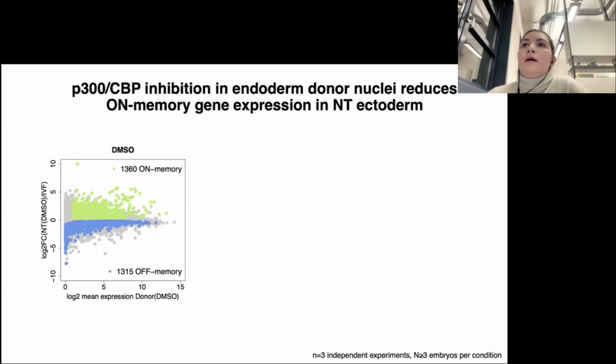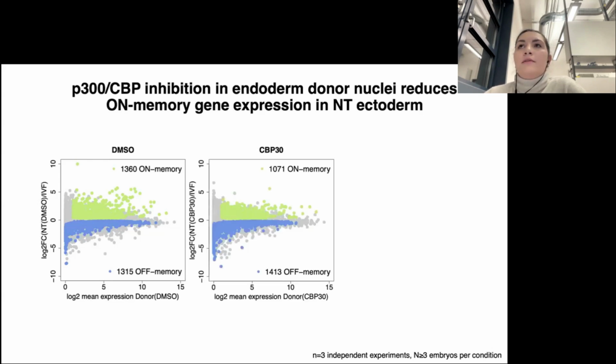The way that we like to assess the outcome of this is using MA plots in which we plot the expression of the genes in the donor nuclei, and on the y-axis we have the log-fold change between the expression in tissues of cloned embryos versus IVF embryos. We could see that under control conditions, we could detect about 1,300 on and off memory genes.